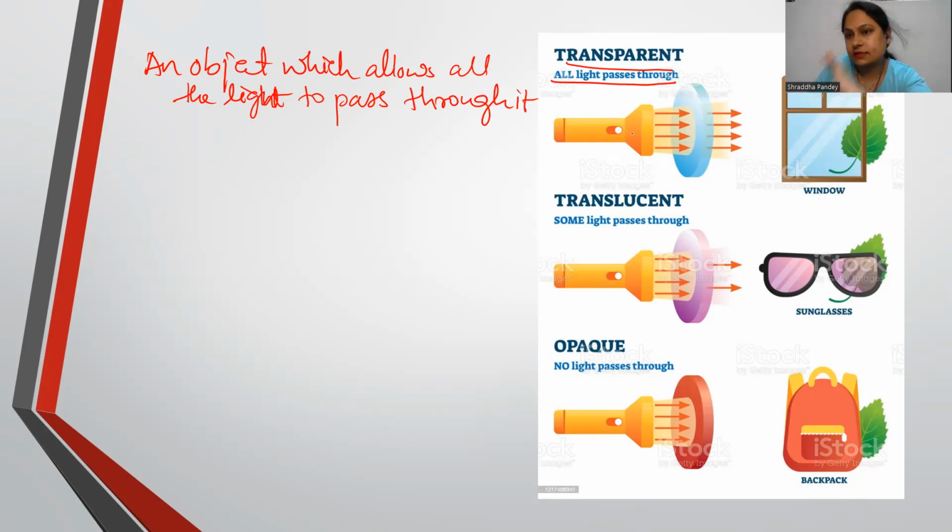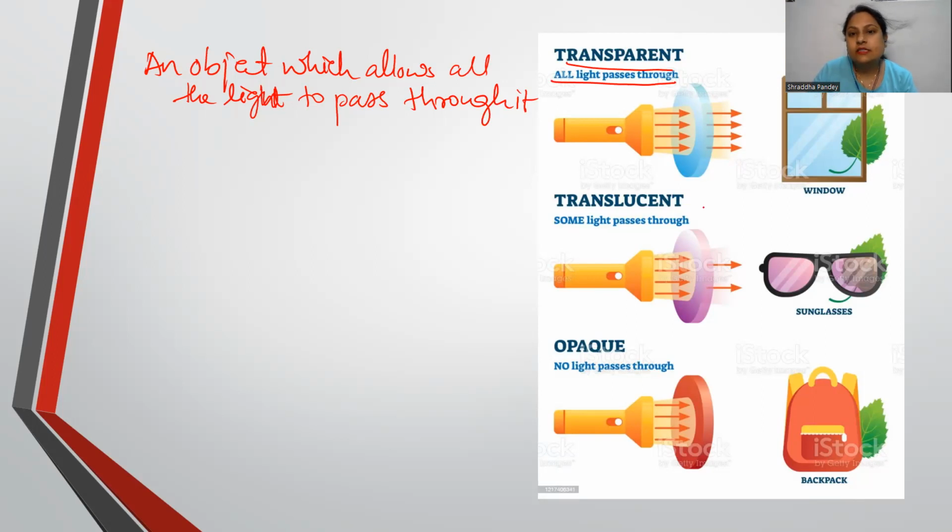For example, glass. Glass allows light to pass through it completely. Some transparent plastic bottles also, where you can see the other side of the bottle. They are transparent because they allow all the light to pass through.